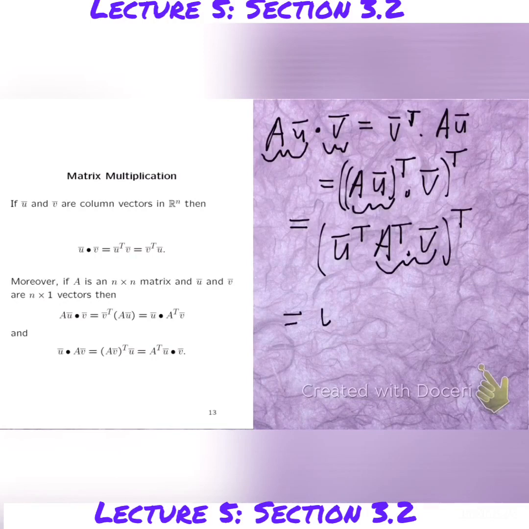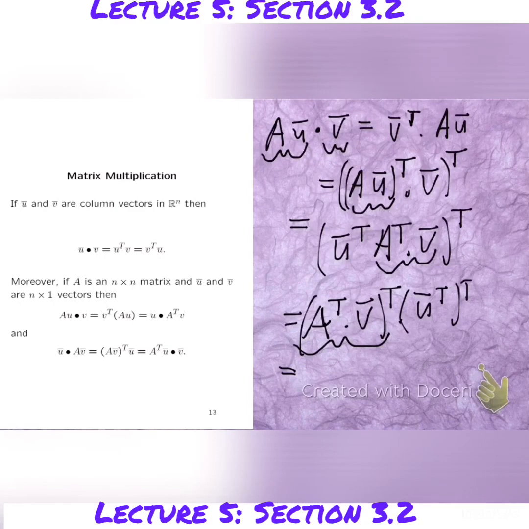So it's going to be A's transpose with V, the transpose of that matrix, multiplied by U's transpose, transpose. And that then is a column matrix.